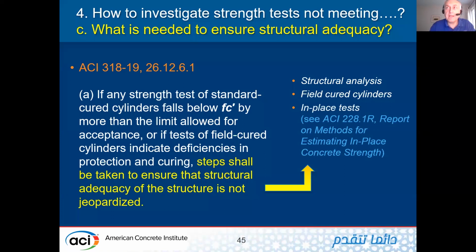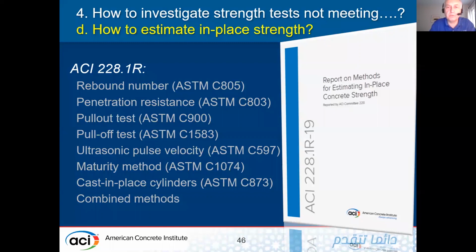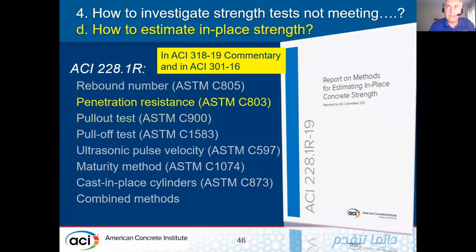And then the other option is conducting in-place tests, and that refers to ACI 228.1R, which is this document that you see on the screen. There are many test methods mentioned that you can try to estimate the in-place strength. ACI 318 and also ACI 301 mention those four that you see on the screen: penetration resistance, pull-out test, maturity, and cast-in-place cylinders.